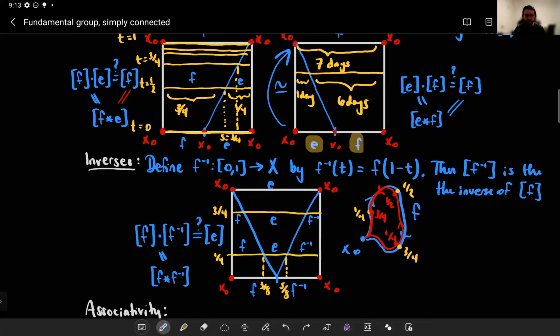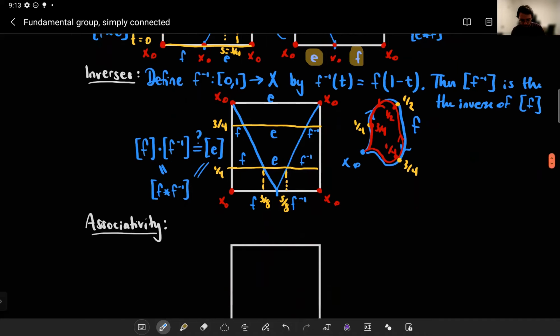I'm continuously homotoping my initial concatenated paths to the identity. And you can do that in either direction. This eventually shows that, yeah, those are homotopic, so their homotopy classes are equal. And you could show it the other direction too, right? I could say F inverse times F is also E. But who cares? It's basically the same diagram.